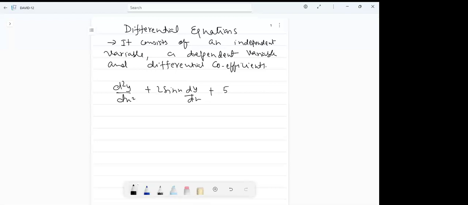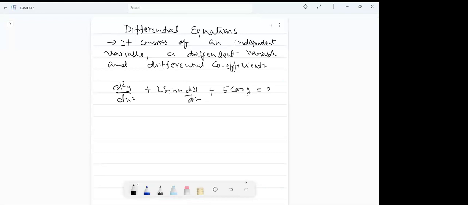An equation like d2y over dx square plus 5 cos x times dy over dx. So this is a differential equation.